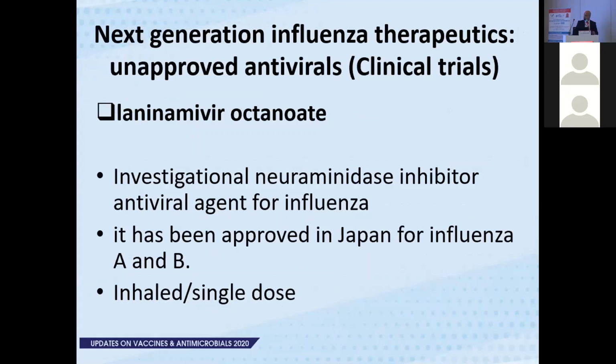The first one is zanamivir octanoate. This one is a neuraminidase inhibitor, and it has been approved in Japan since, I believe, 2015 for influenza A and B, for prophylaxis and treatment, but it has not been approved by the FDA yet. It is used as an inhaled single dose anti-influenza.